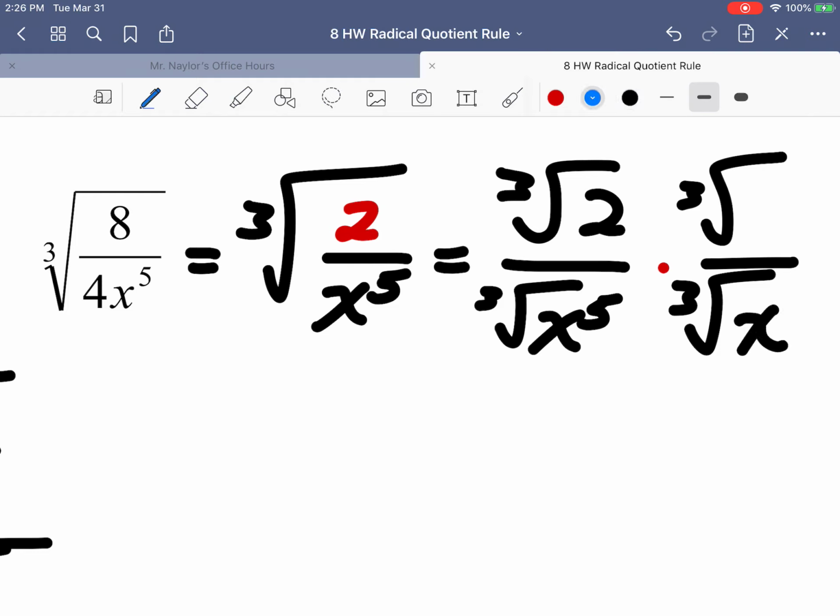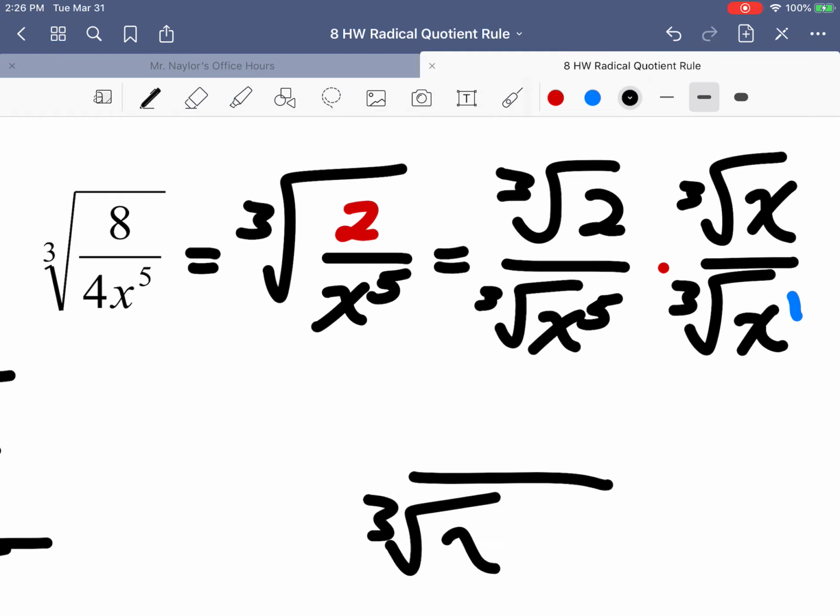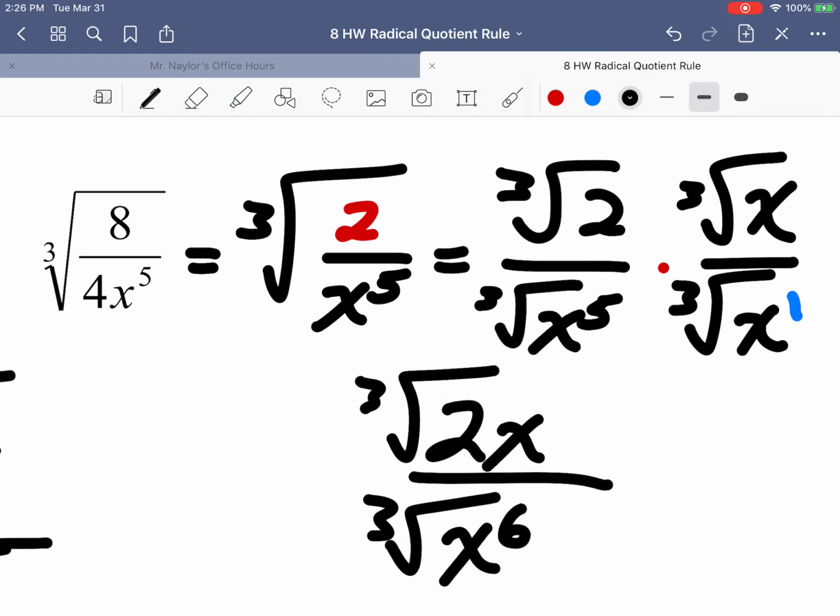Do you realize that if you make this turn into an x to the 6, which a 5 and a 1 would give you 6, that is going to cancel nicely with this 3. So I'm going to multiply the top and bottom by a root x, because that's going to give me x to the 6. And again, an x to the 6 in the bottom is going to cancel nicely with that 3. Just so you know, in the top, you're going to be left with a root 2x.